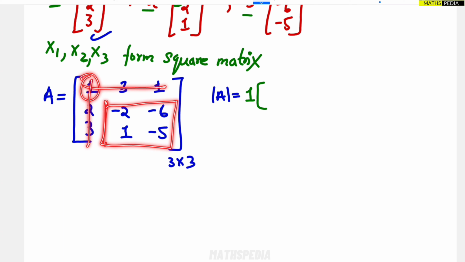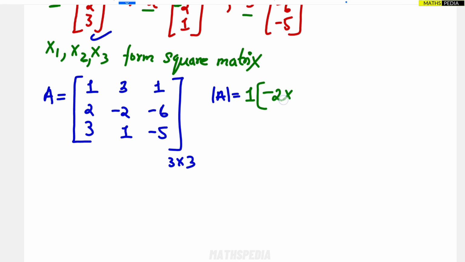Now we multiply: minus 2 into minus 5 minus 1 into minus 6. The next element in that row is 3. Be careful: for the second element, you always put a minus sign.